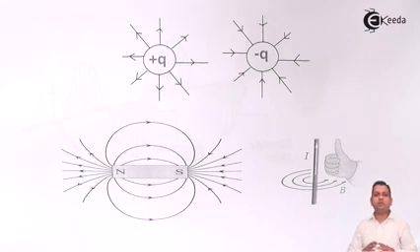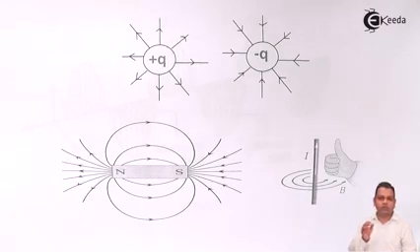Now, in case of charged particles, the charge in static condition we say produces electric field, whereas when it is in dynamic condition, when it is in motion, we say it is flow of current. So, if we have a conductor carrying current in a particular direction, that conductor will be surrounded by magnetic flux lines.